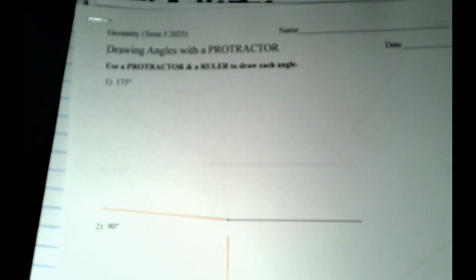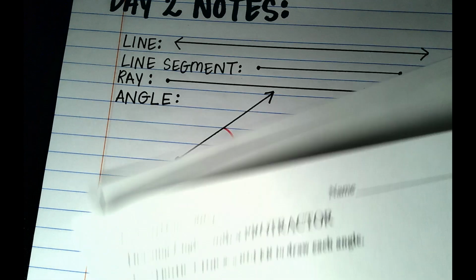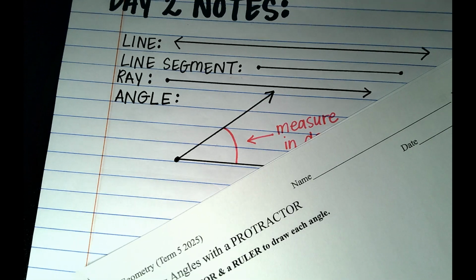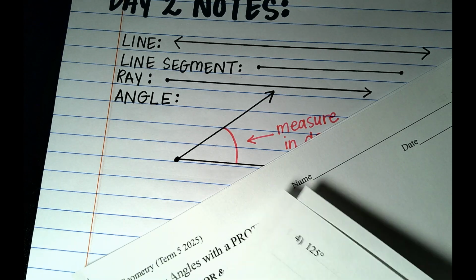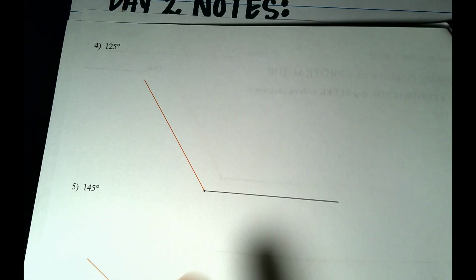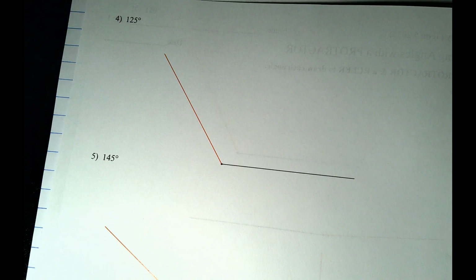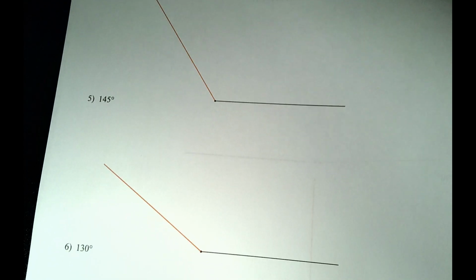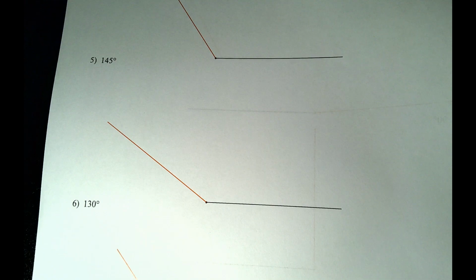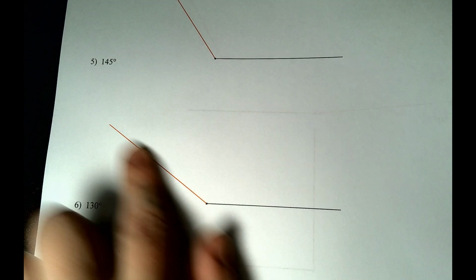So we did numbers 1, 2, and 3 together. So now I'm going to flip to number 4. Your angle for number 4 should be open nice and wide like this for 125 degrees. Number 5 will be open even bigger for 145 degrees.